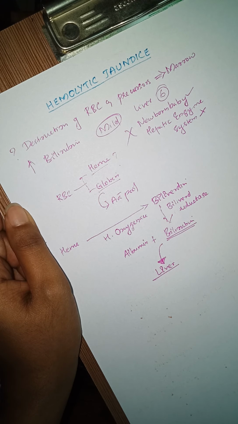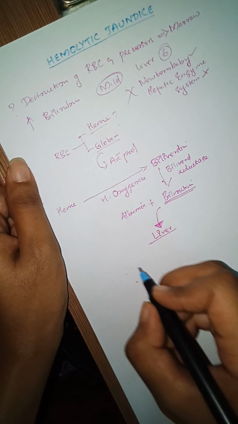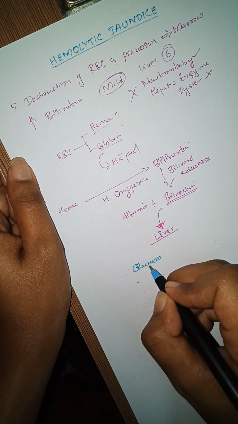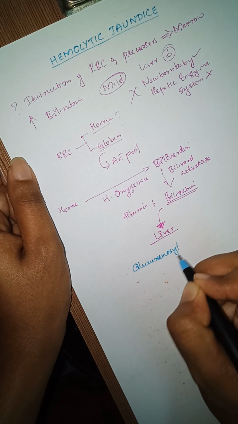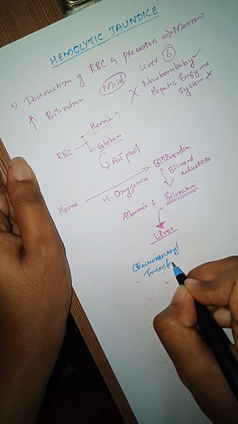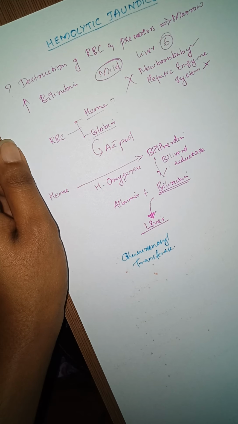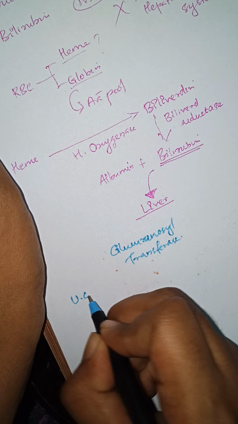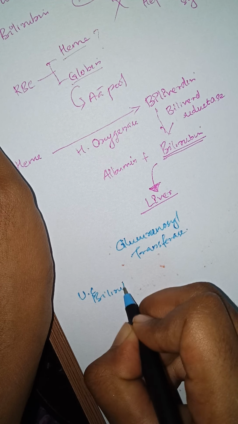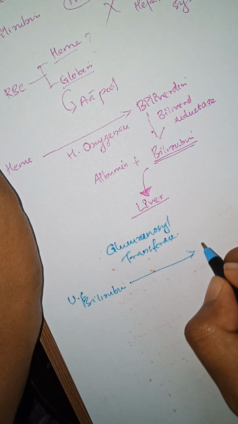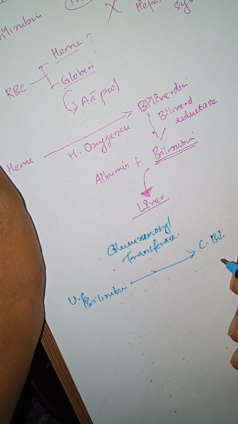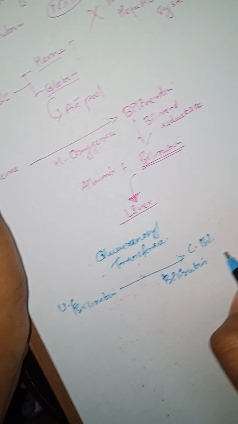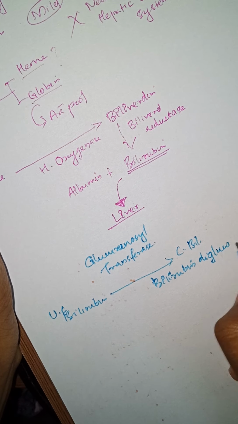In the liver we have one enzyme, that is glucuronosyl transferase. Okay, what this enzyme does is convert this unconjugated bilirubin into conjugated bilirubin, that is bilirubin diglucuronide.